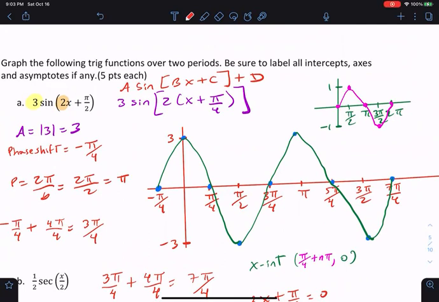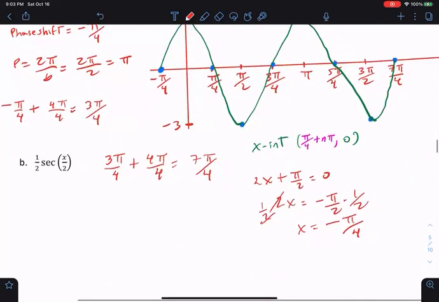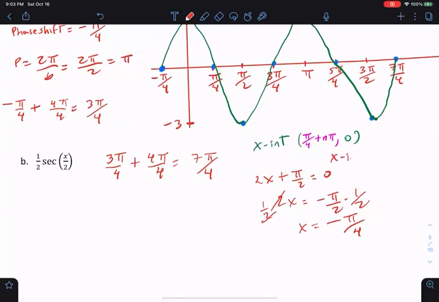Angle 0, 0, 1. Yeah, 1 is at pi. So then the other one is negative pi over 4 plus m pi, and this is 0. Okay, so those are the x-intercepts for this problem. That's what you need to do.